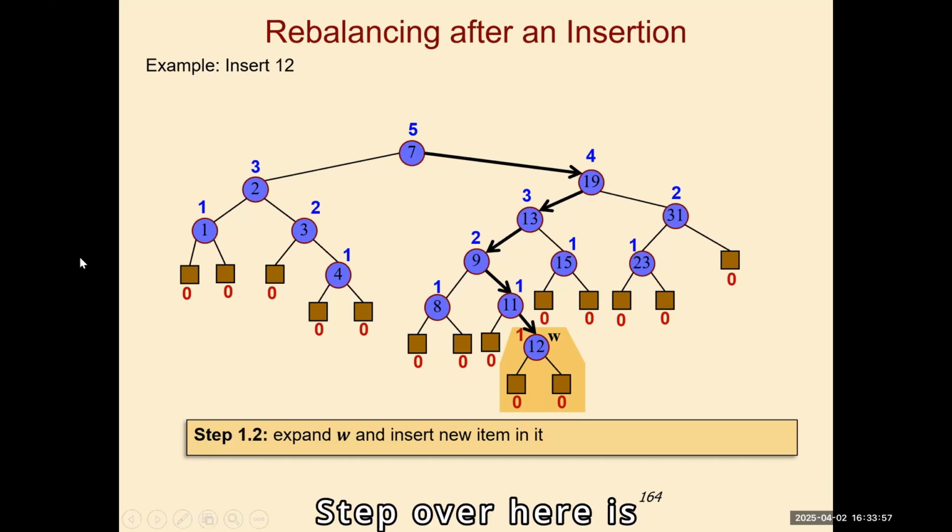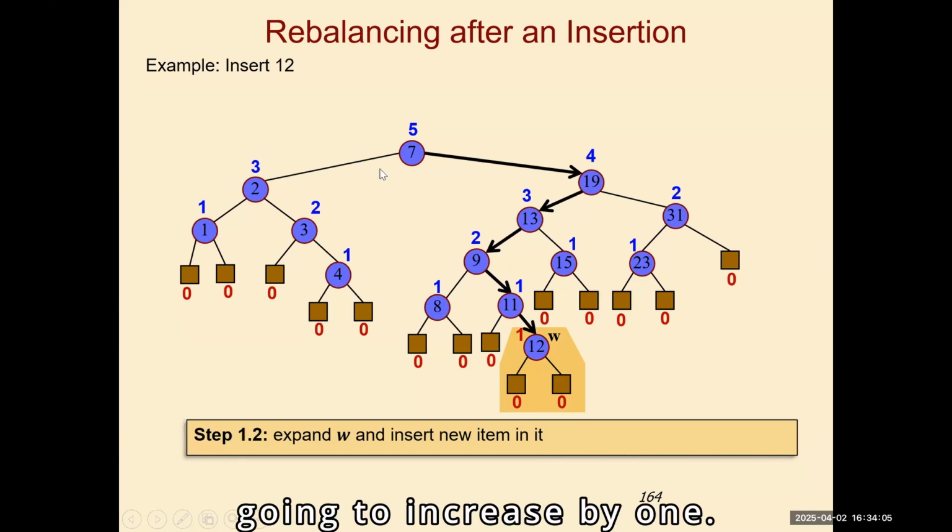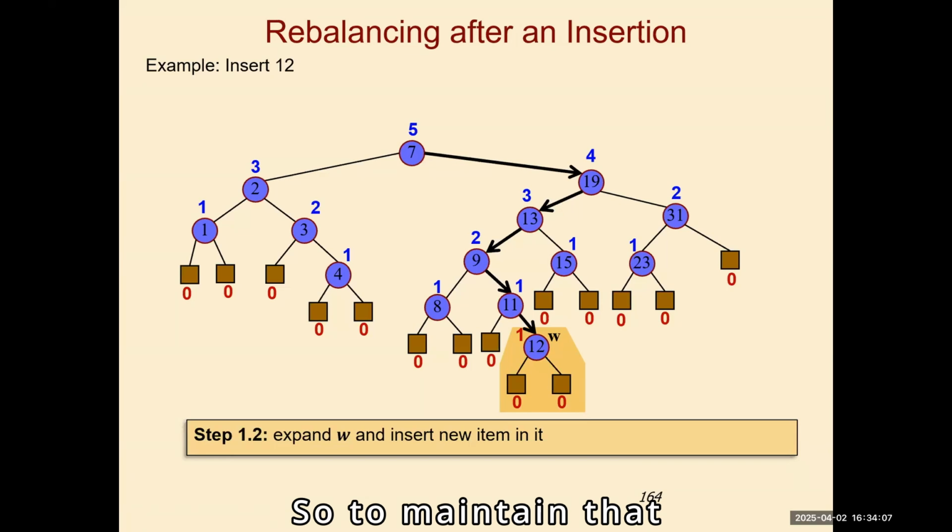Stuff over here is not going to change. It's just things along this path, all those numbers are going to increase by 1. So to maintain that loop invariant, you're going to have to go back up the path backwards, increasing all those numbers by 1. Everybody buy that? But we also have to make sure it stays an AVL tree.